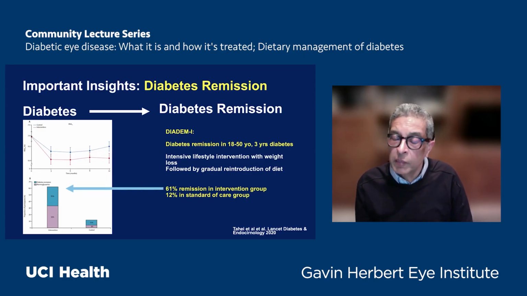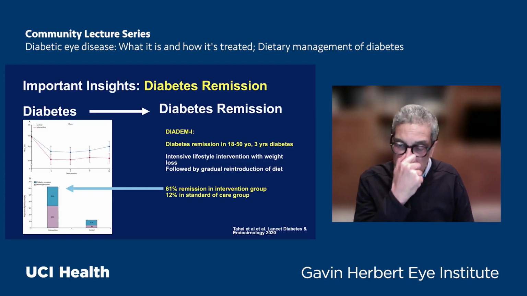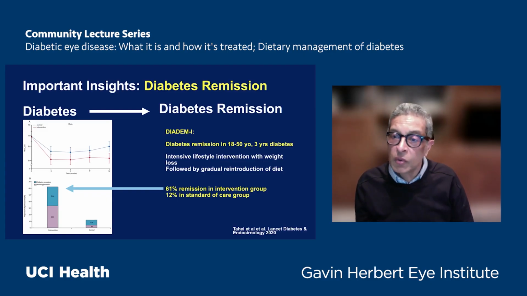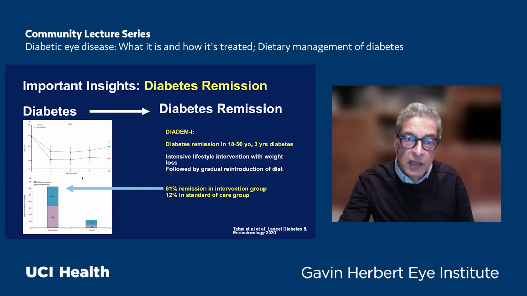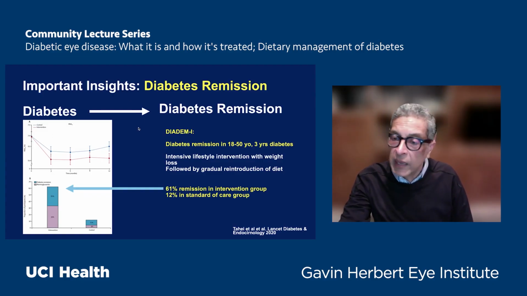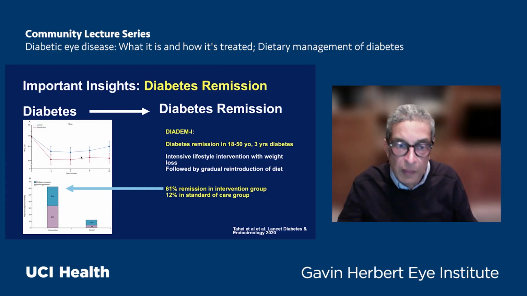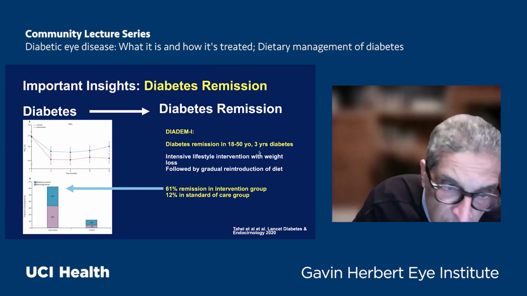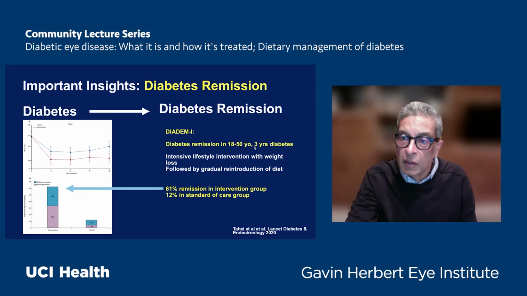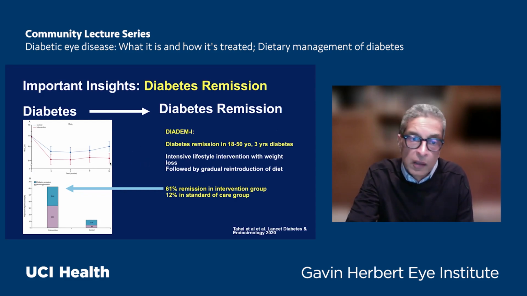So it's very, very important that one does not go on for too long before getting into these types of nutritional management programs, so that the earlier you intervene, the better the outcome is with achieving remission and being free of diabetes.